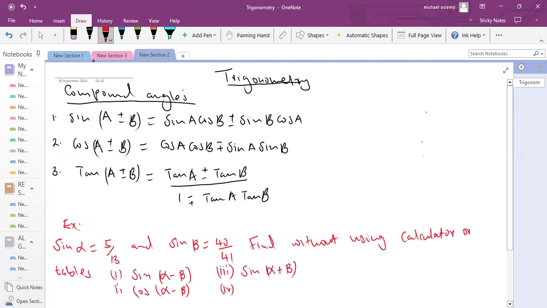Roman 4, we have tan alpha minus beta. Roman 5, we have cos alpha plus beta. Roman 6, we have tan alpha plus beta.